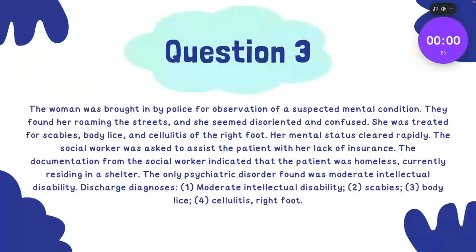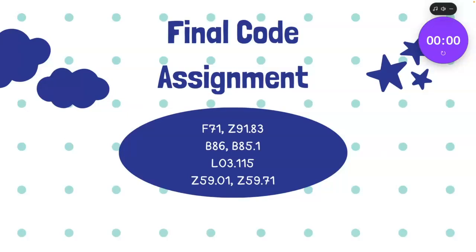So the scabies, the body lice, the cellulitis. Then we also picked up those codes for the social determinants of health. And someone asked me if external cause codes were on the CCS exam, if Z codes were on the CCS exam.